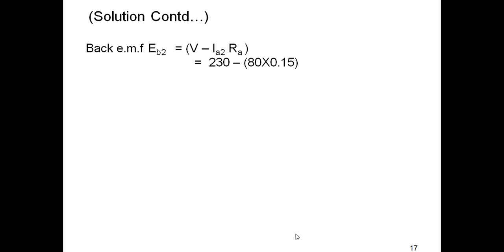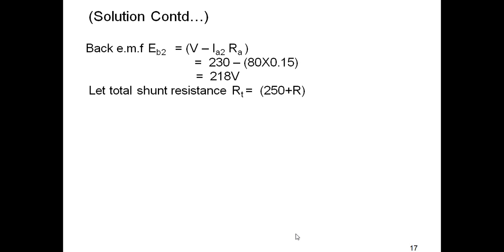We substitute the various values, we get 230 minus 80 into 0.15. We get the answer as 218 volts. This is the EB2 value.